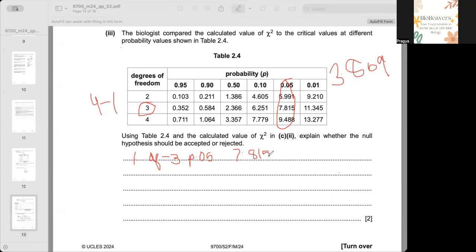And our value of 3.869 is quite low than that. As a result of which, what are we trying to say here?